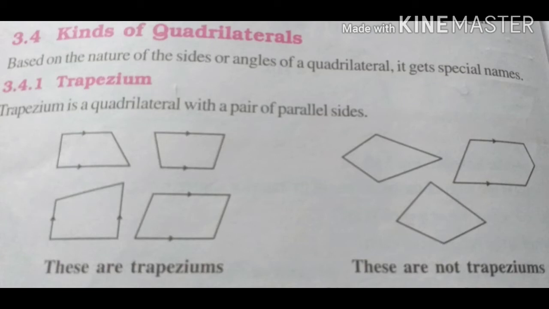It's a quadrilateral only with a pair of parallel sides. एउटा parallel sides हुनु पर्यो बुझ्यो trapezium को चाहिँ it's a four sided figure only कुनै पनि opposite side चाहिँ एउटा चाहिँ parallel भएको छ त्यसलाई हामी के भन्छ it's a trapezium and I've given you the figure which are the trapezium and not trapezium. You can easily identify by looking at the figure which is trapezium and not a trapezium. Clear?